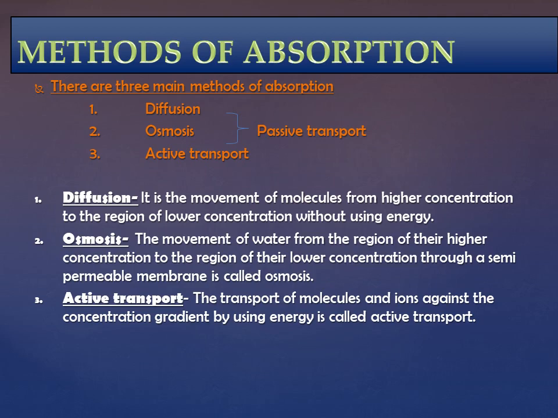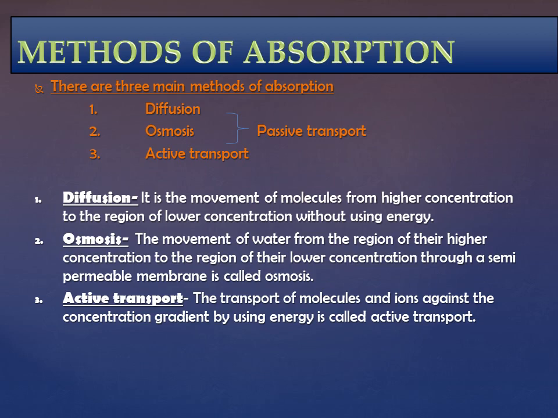Here we will cover three different methods. First is diffusion, second osmosis. Now both diffusion and osmosis are known as passive transport. And the third method is active transport. Now first let's see their definitions. Diffusion is the movement of molecules from higher concentration to the region of lower concentration without using energy.